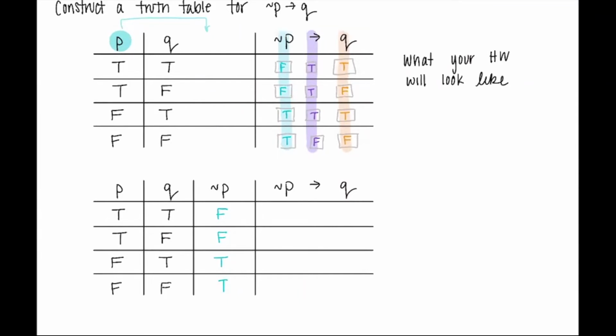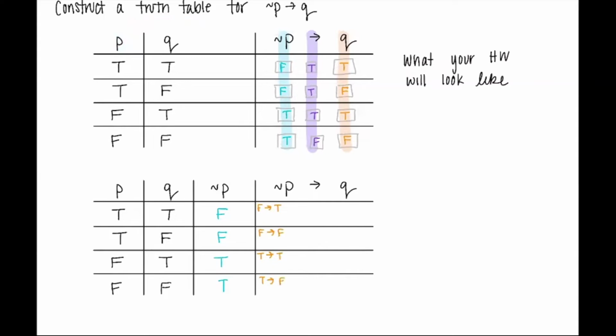I'll worry about that later. Okay. All right, so what I like to do instead is I'll put my truth values of not P. So false, false, true, true. We're doing the conditional. And then I'm going to put my values of Q. So true, false, true, false.